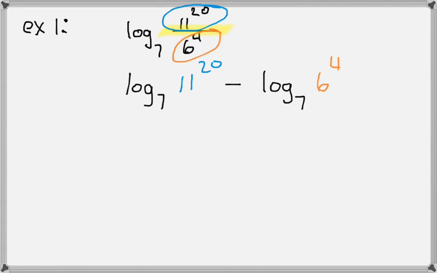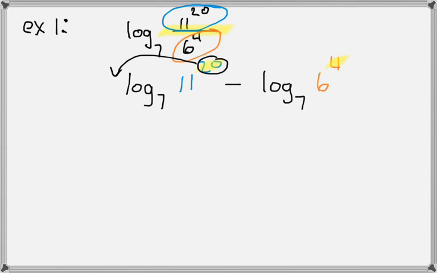Now, what should be standing out to us is those exponents. We can use the power property to move those out in front of the log. So that 20 here can be moved out front based on the power property.